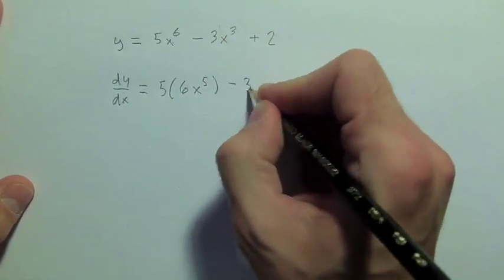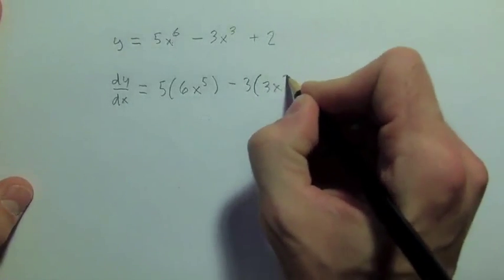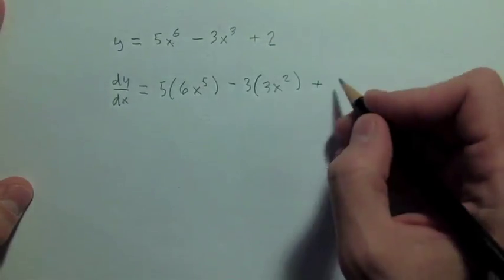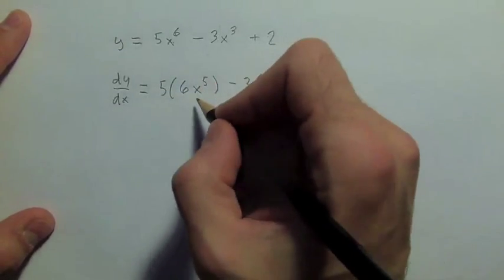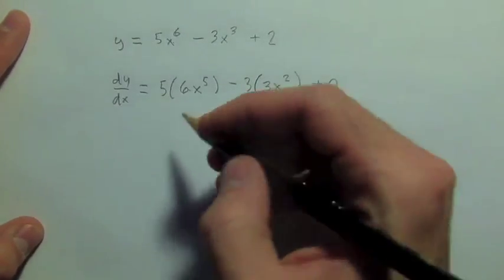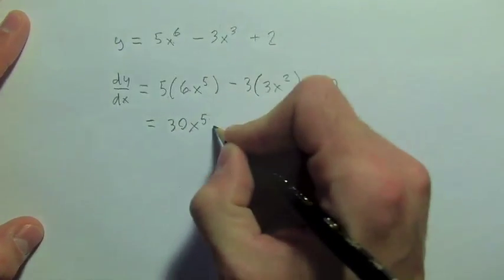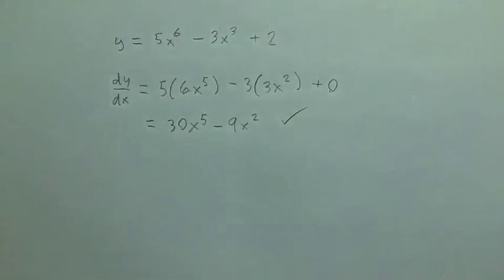Then minus 3 times the derivative of x cubed, which will be 3x squared, plus the derivative of 2, which is going to be 0. I'm writing that out just so we're all clear that the derivative of a constant is 0. And again, I don't typically write it like this. I usually just go straight to the next step, which is going to be 30x to the 5th minus 9x squared, and we're done.